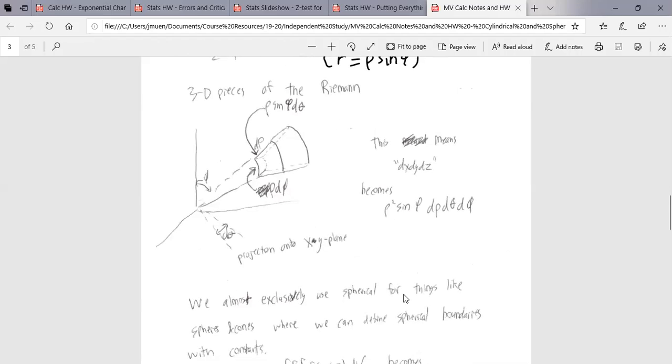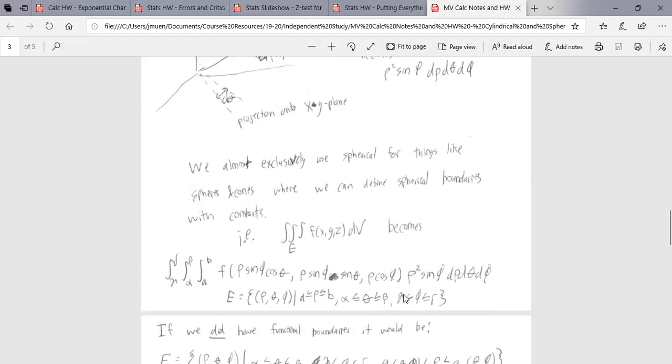All right. Generally, we are using spherical coordinates for things like spheres and cones. This should make sense, that you would use spherical coordinates for spheres. A lot of times that means we're going to define most of our boundaries with constants. That's good. That makes life easier.